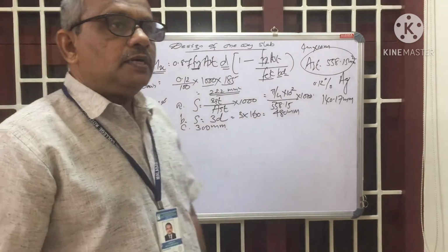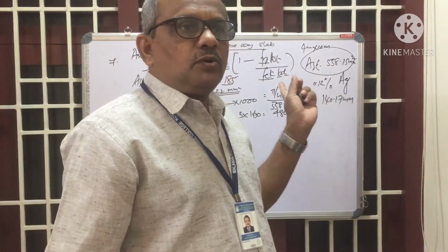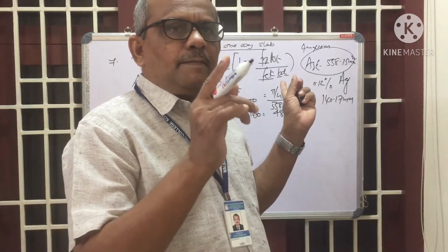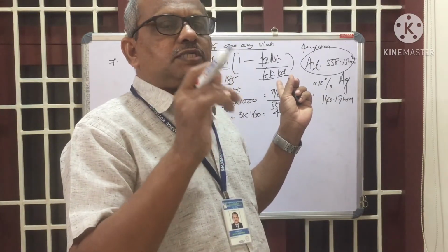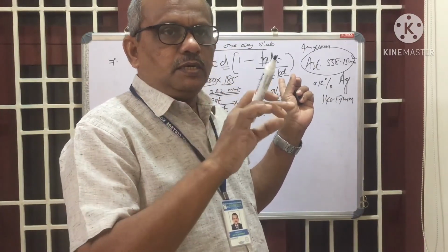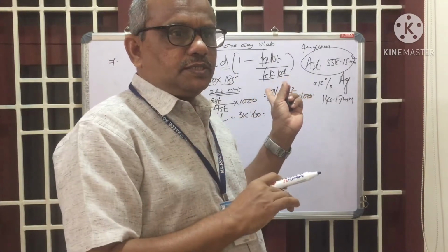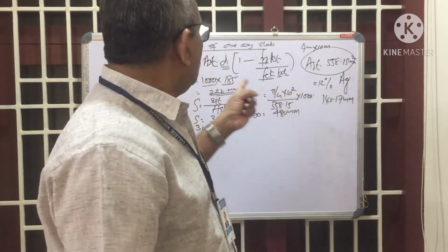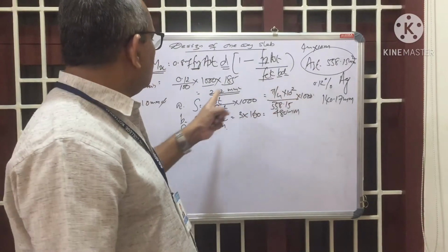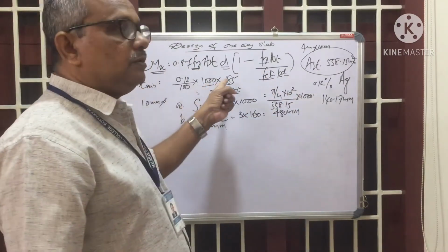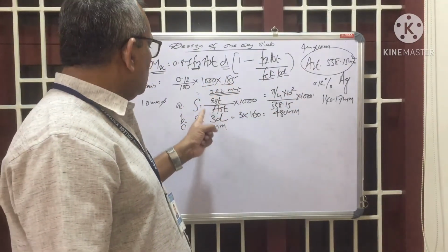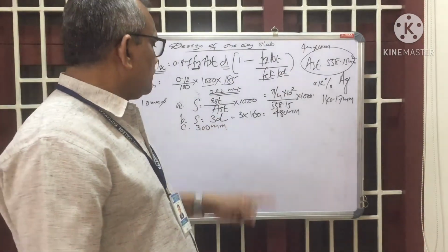So these are the 3 provisions as per the code IS 456. Refer to pages 46, 47 and 48, where you will get the spacing and also the percentage of reinforcement, AST minimum.